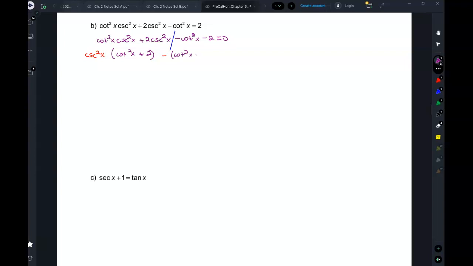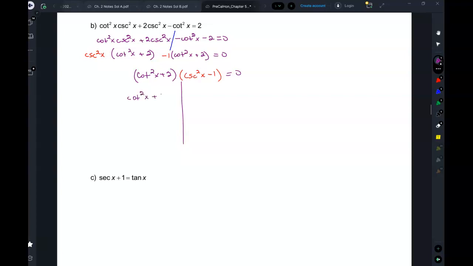I know, it's like black magic. So write the terms that are the same: cotangent squared x plus 2. And then what do I have left? Cosecant squared x minus 1, right? Because this is like a minus 1, equal to 0.